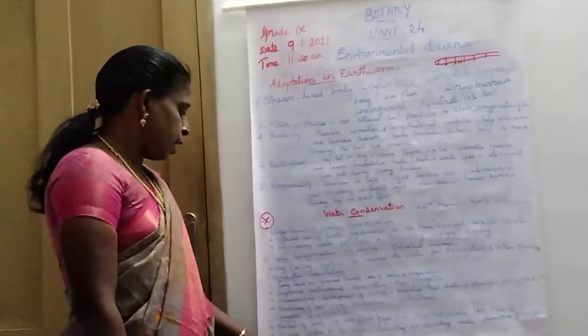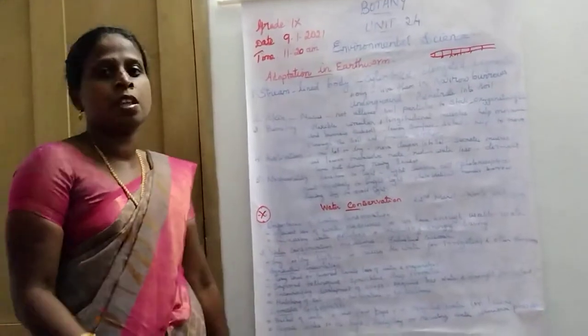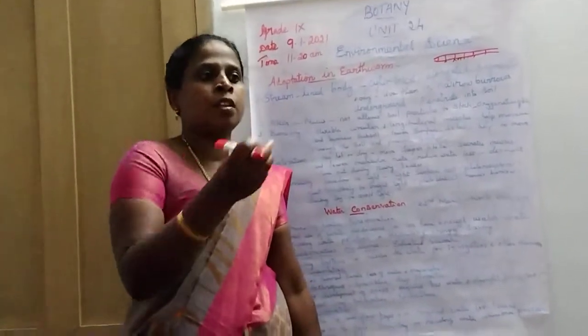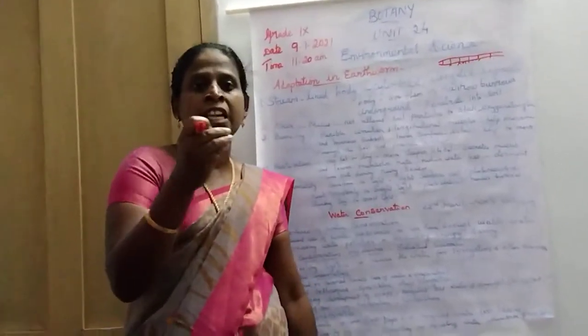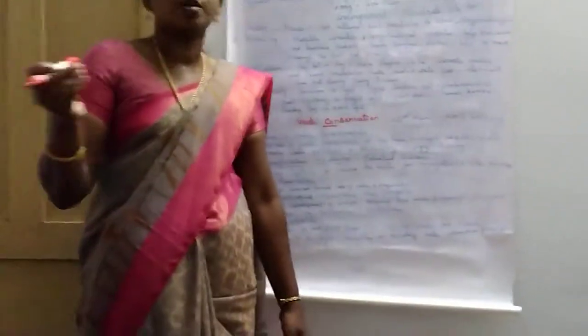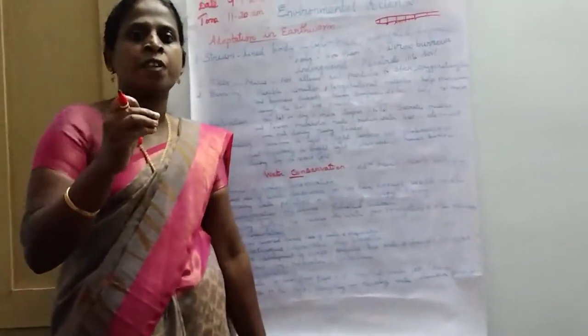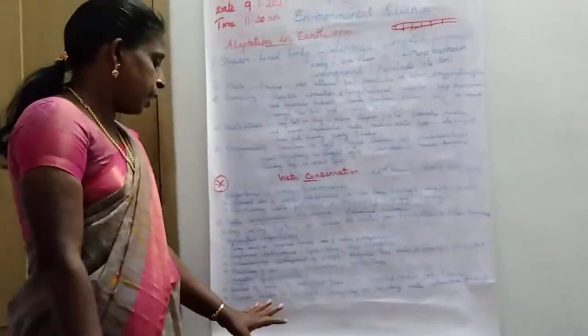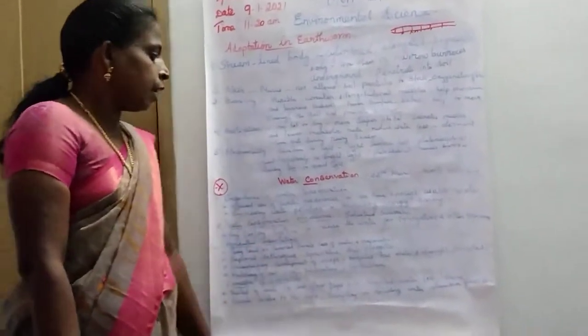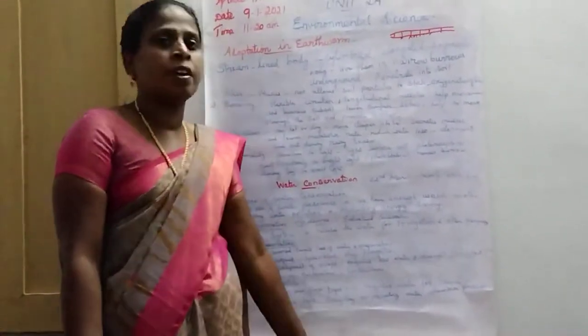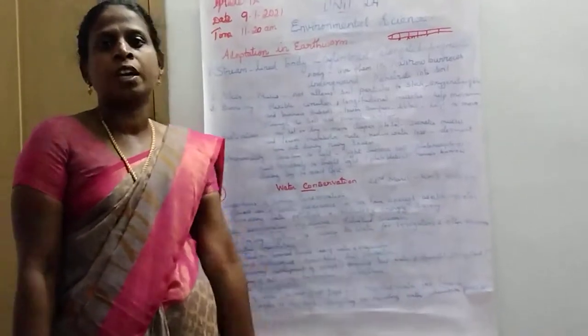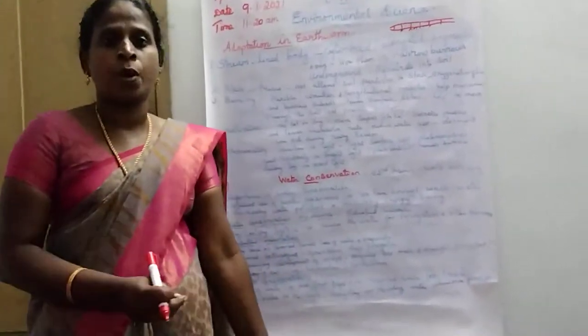Fourth one is repairing leakage in taps. If the taps or the pipelines have any leaks, the water may get wasted. So often we have to check and repair the leaks in the tap. And recycling and reusing water, reusing the water wherever it is possible.